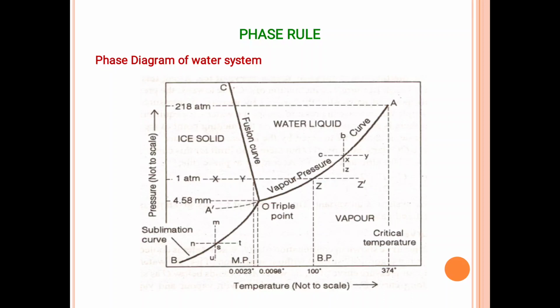The degree of freedom in these areas is 2, that means it is bivariant here. So with all these factors, we can completely define the one component water system with a single phase diagram. So this is the important application of phase rule. Thank you.